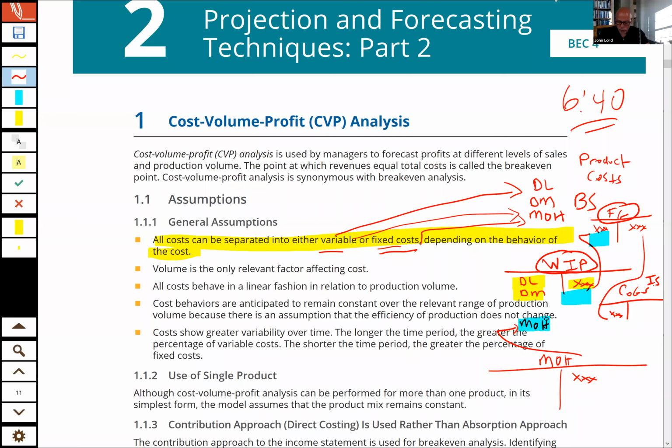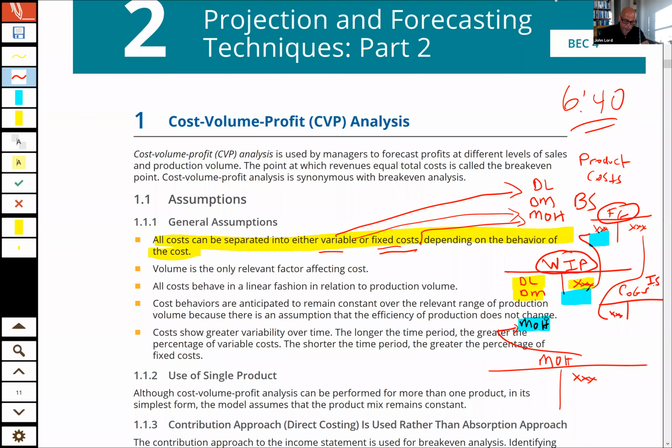Okay, good. So we have some variable cost and we have some fixed cost. Before we sell the item, those variable manufacturing and fixed manufacturing costs appear on the balance sheet. And then when we sell the item, it goes to the income statement, right?